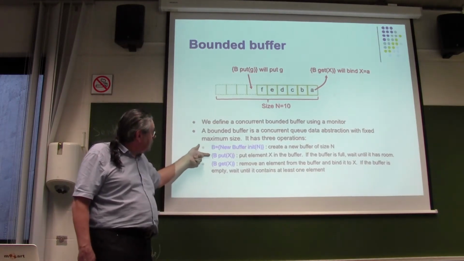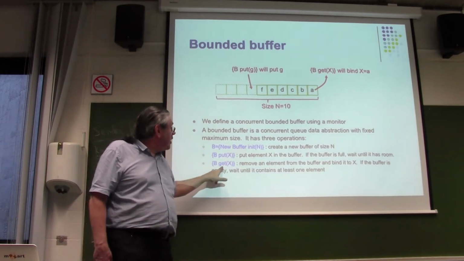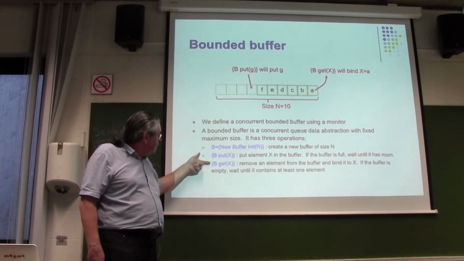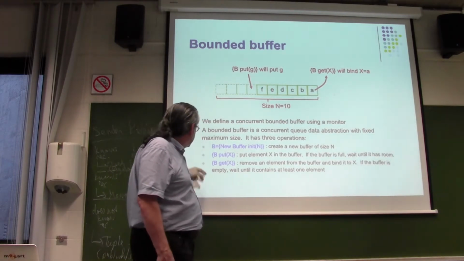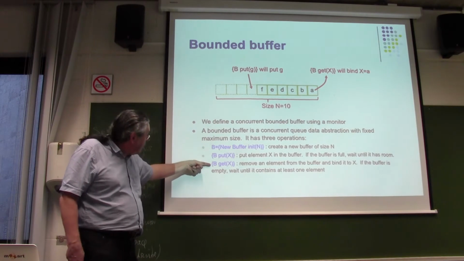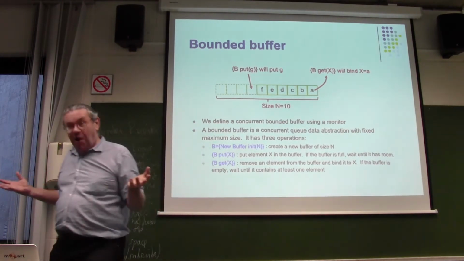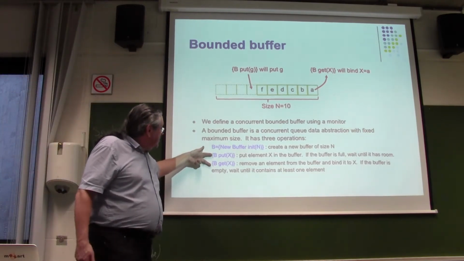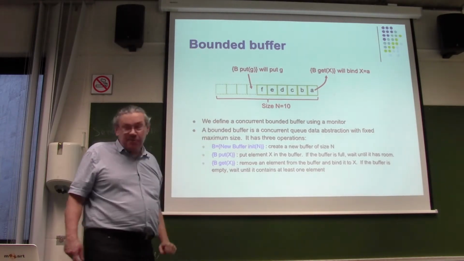So the thread doing the put will wait if the buffer is full. And get: remove an element from the buffer and bind it to X. If the buffer is empty, then the thread doing the get will wait until there's at least one element. Okay, so you notice that any thread can do put, any thread can do get, but if it's full or empty, there are going to be waits going on. You see that? So this is a typical kind of thing where you need a monitor to implement this.